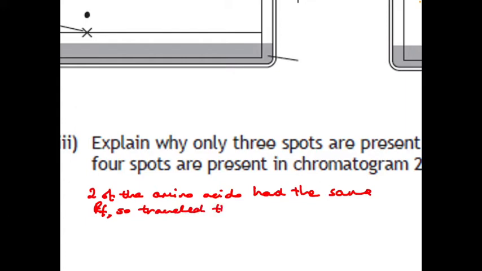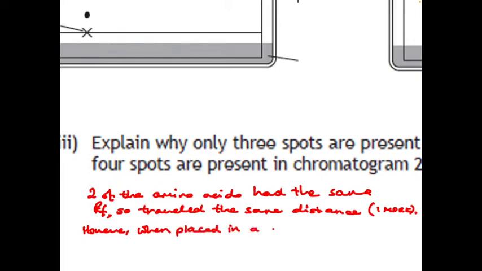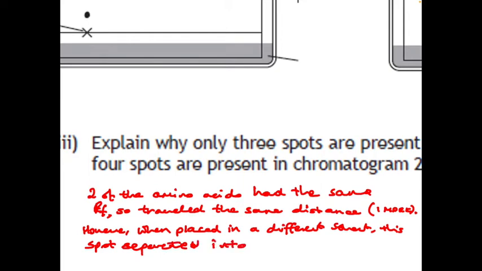Travelled the same distance. One mark. However, when placed in a different solvent, this spot separated into two spots.